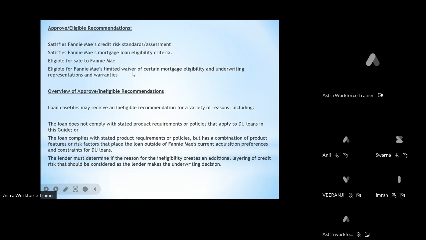If the approve ineligible reason is not impacting the loan, not impacting the borrower, and not impacting the lender's profits, then we are good with that. If it is impacting the borrower characteristics, then it's a question mark whether we need to proceed or not. That confirmation will be given by the lender or the client.